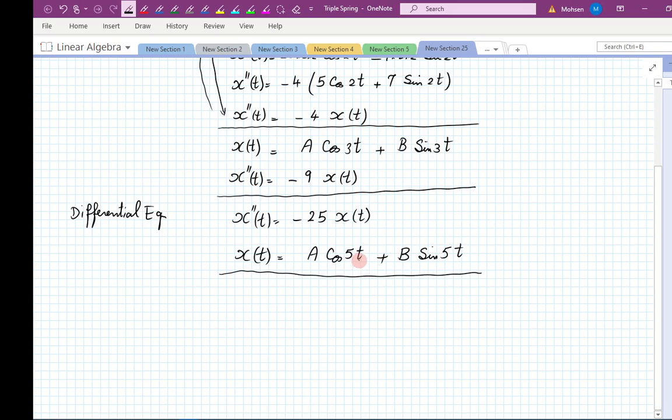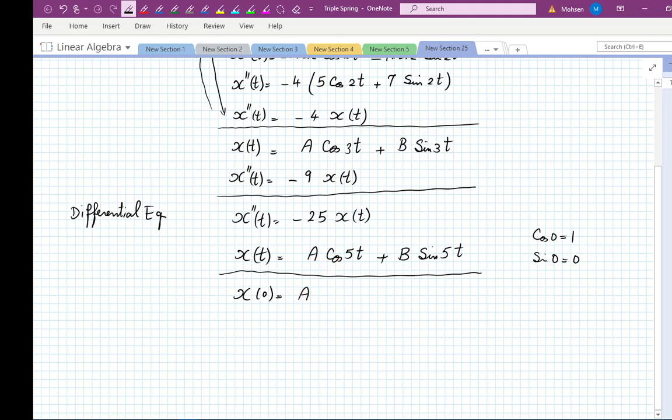So how can I isolate a and get rid of everything else? Easy way. Instead of general time t, use time t equal to 0. So x of 0. If I put 0 on the right hand side, I remember from my trigonometry that cosine of 0 is 1 and sine of 0 is just 0. So this boils down to just a.